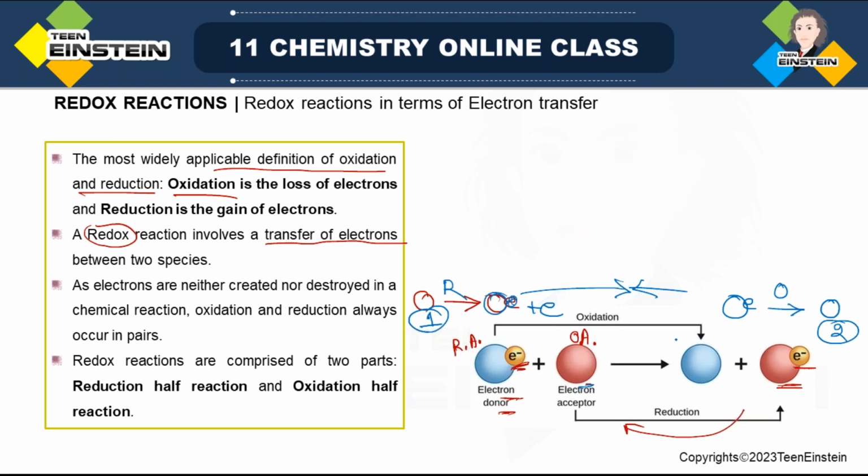Here we have written it over it, but as if it is like this, because this electron is still free. Someone will take it, and that taker is present here. So that is why when we write the half reactions, we write the species plus electron like this.